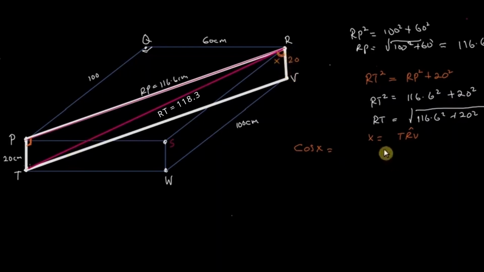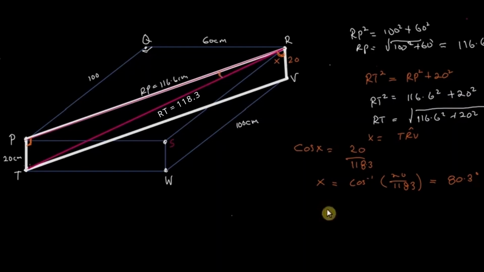So we could write that as 20 over this new line RT that we just found, which is 118.3. Therefore, we could write that x is equal to the inverse cosine, written as cosine to the minus 1, of 20 over 118.3, and that works out to be 80.3 degrees. So that's our angle x, which is the angle we're looking for, TRV.